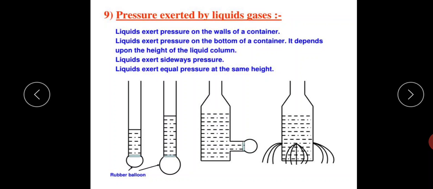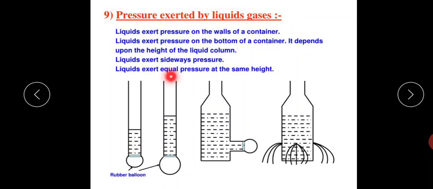In this picture, you can see a rubber balloon placed on a pipe, and when water is put into this pipe, the level of the water is up to here, and due to this level of water, you can see the rubber balloon size is like this.